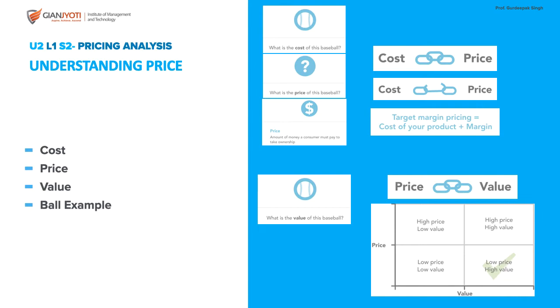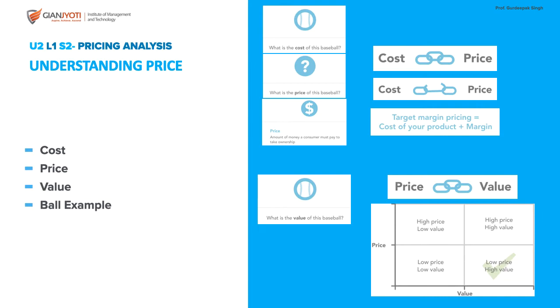So when we talk about the low price and high value, if my product falls into that where the price is low and the value is high, right, there will be a huge demand for that product. Sales will be very high for sure.